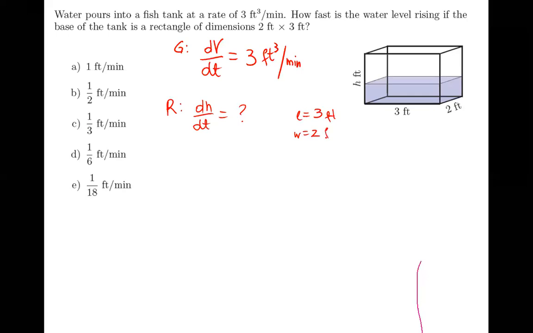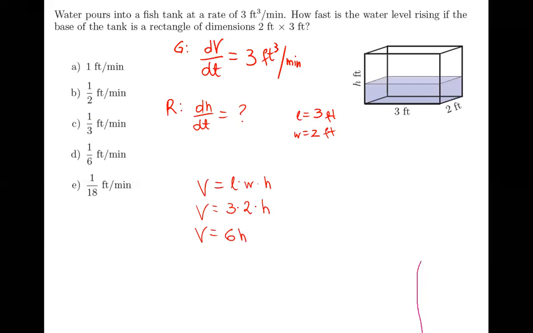We can actually use this. We need the volume of this box: length times width times height. We can see the length is always 3, it's not changing, the width is always 2, and the height is changing. That means the volume is defined as 6h.